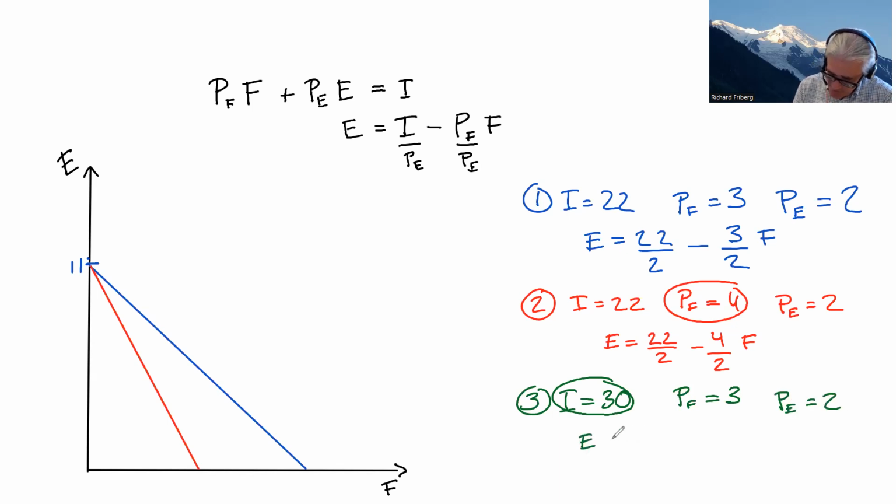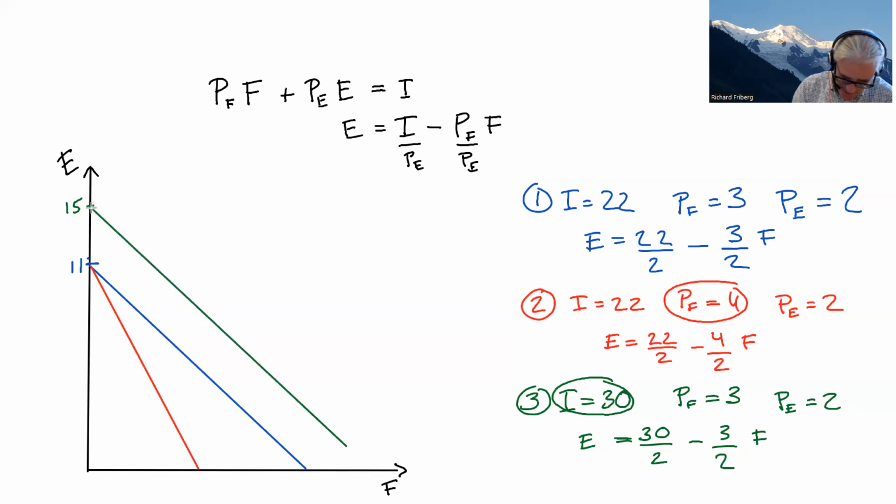So the budget constraint here is 30 over 2 minus 3 over 2 times F. 30 over 2 equals 15. So we'll have a higher intercept, but the same slope as in the original case. The two lines are perfectly parallel.